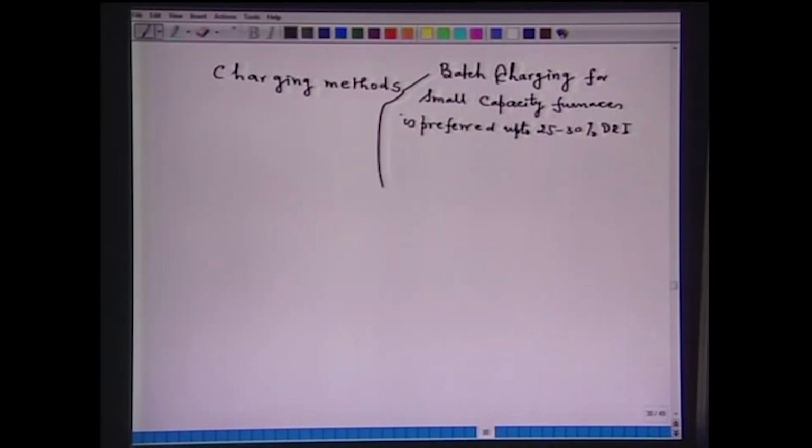So, another method is continuous charging. Continuous charging is done for furnaces of 10 tons capacity or more than 10 tons capacity. And this continuous charging has certain advantages.